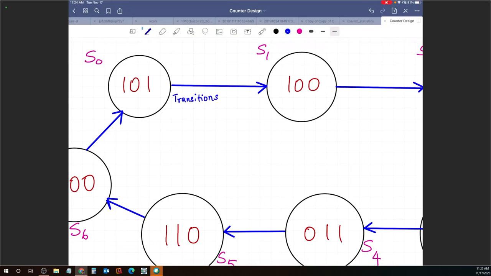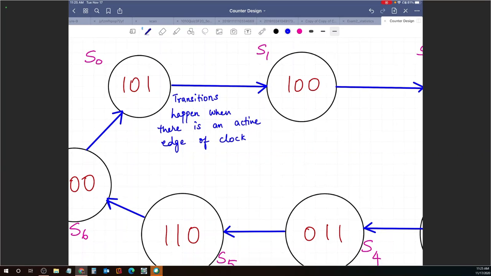Transitions happen when there is an active edge. Active edge because it could be a positive edge, it could be a negative edge, right, depending on the flip-flop. Active edge of clock.